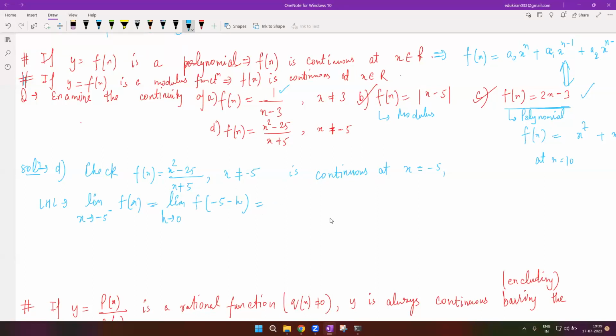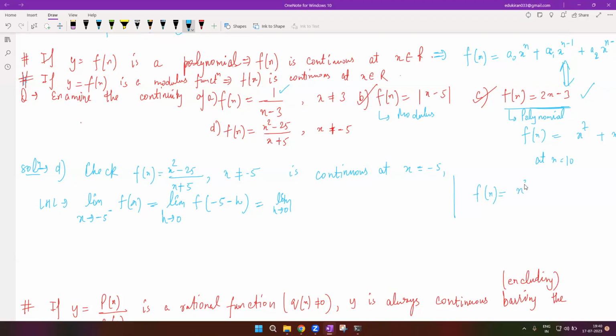Okay, so this f(x) written here, first of all I can still further solve this f(x). This is x square minus 25 upon x plus 5. Before writing this, I would like to tell you one more thing.